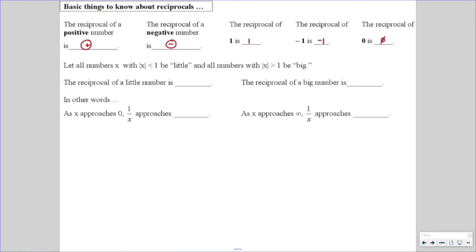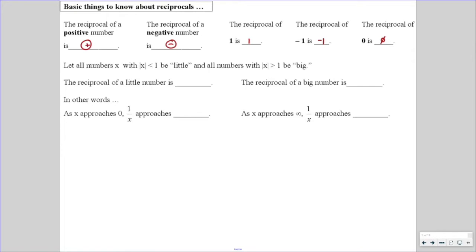All right, next up, let's call all numbers with an absolute value less than 1 little. So we're talking about small fractions. And all numbers with an absolute value bigger than 1 are big. Okay, so we've got little numbers less than 1, big numbers greater than 1, no negatives.